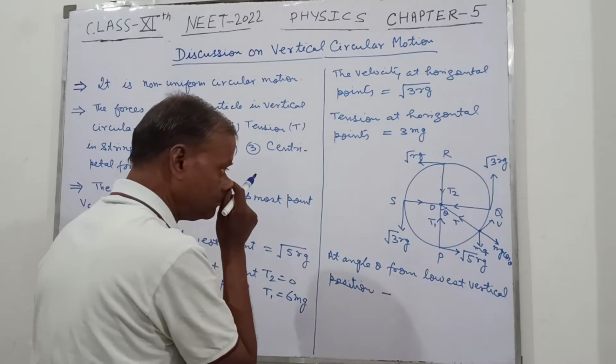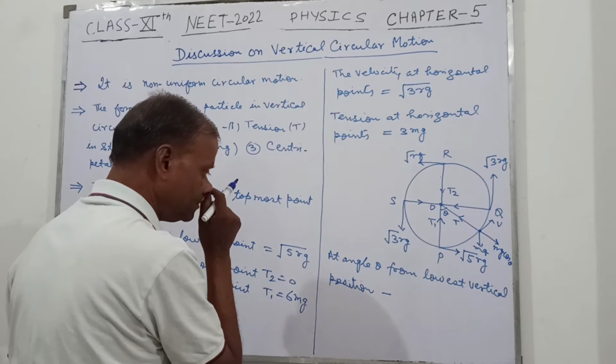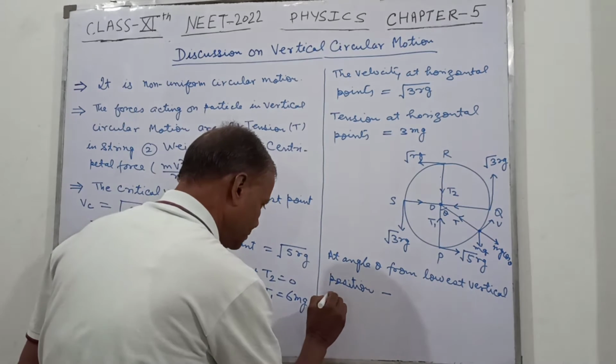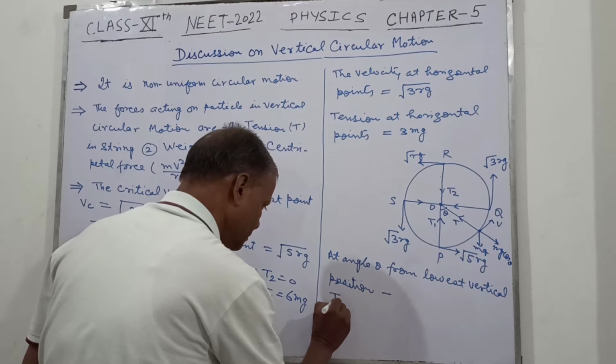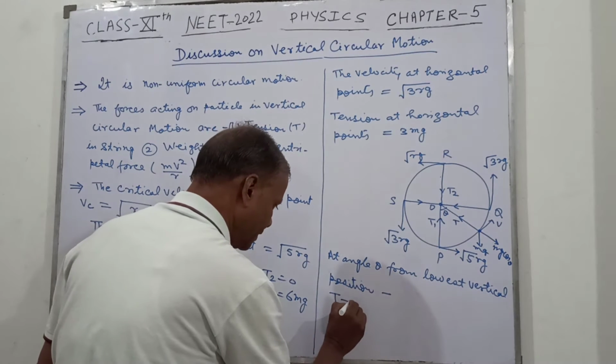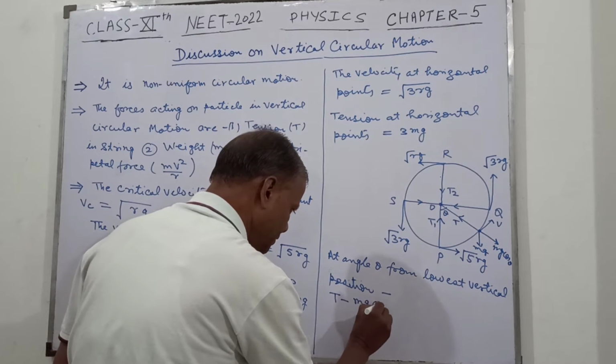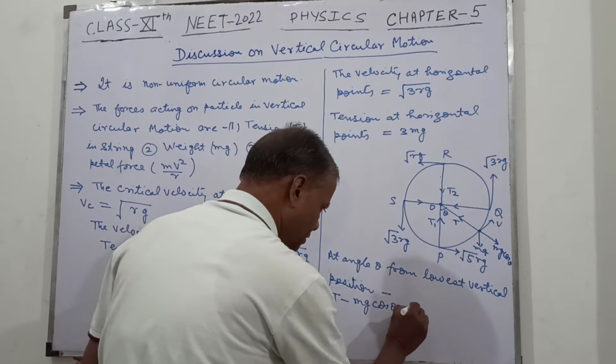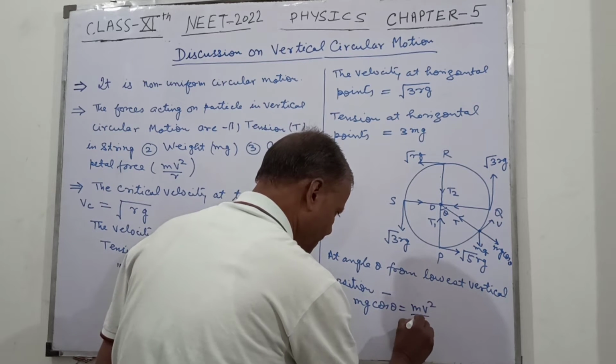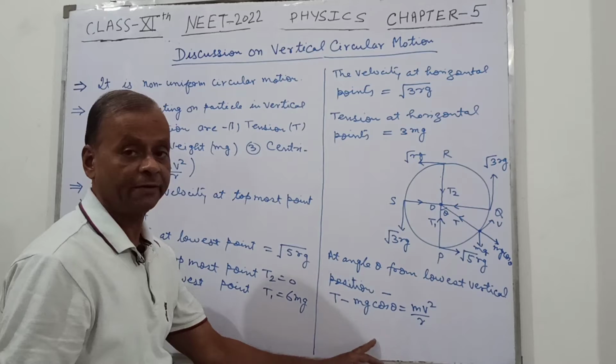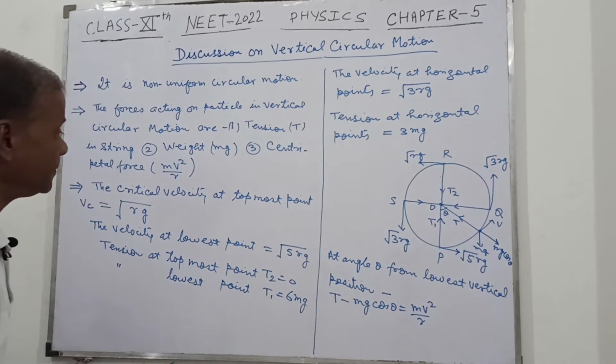So what we have? The tension T minus mg cos theta is equal to mv square upon r. This I have told you. So tension will be how much?